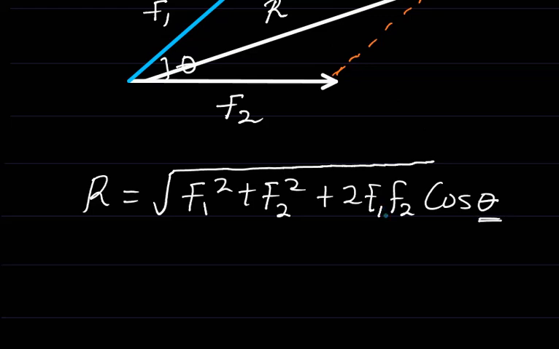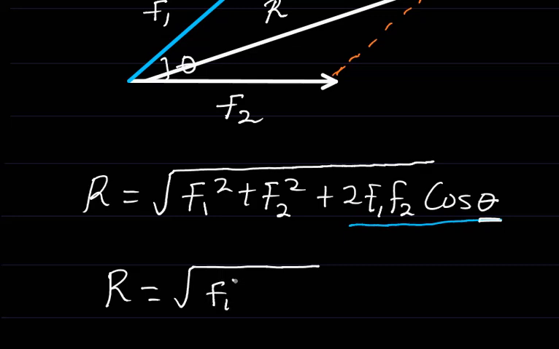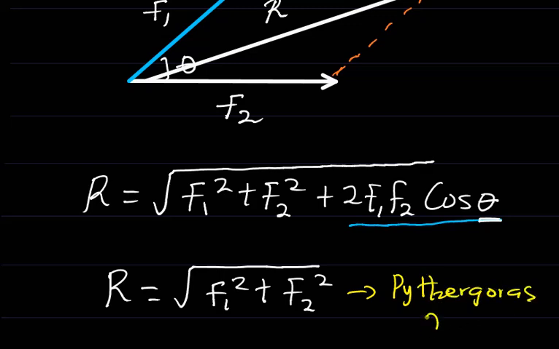So in such a situation, you discover that the whole of this term is equal to 0. So we are only left with the resultant equal to the square root of F1 square plus F2 square. So this is the Pythagoras rule. So when the two forces are perpendicular to each other, we apply this formula. Okay, so please take note of that.